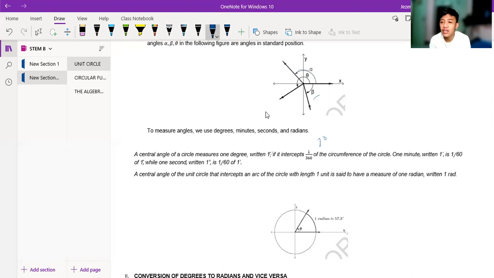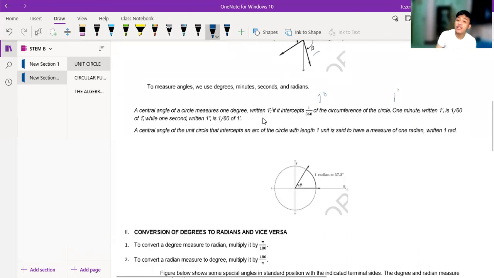So 1 minute written 1 tapos gitling, 1 over 60 naman ang tawag doon, of 1 degree. While 1 second ay 2 gitling, so 1 over 60 naman ang 1 minute. Okay? A central angle of the unit circle that intercepts an arc with length 1 unit is said to have a measure of 1 radian. So 1 radian naman yung isang unit ng isang arc ng ating circle.